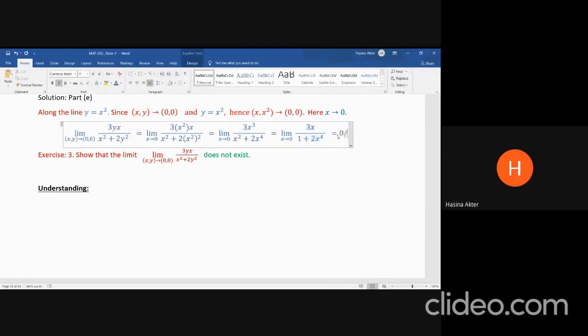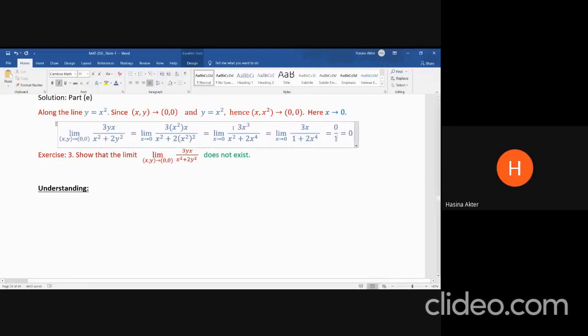The numerator is 0, the denominator is 1 plus 0, which is 1, and the limit is 0. So now we have the form where we can plug in the values.